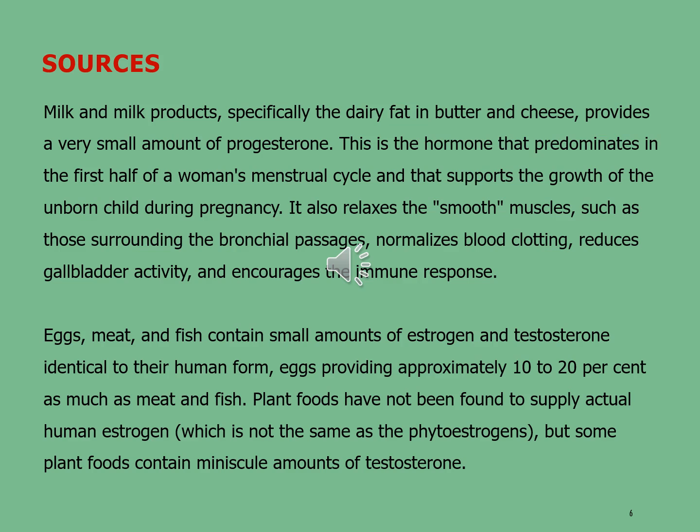Plant foods have not been found to supply actual human estrogens, which is not the same as phytoestrogens. Phytoestrogens are those isolated and derived from plants. But some plant foods contain minuscule amounts of testosterone, that is, natural hormone sources.